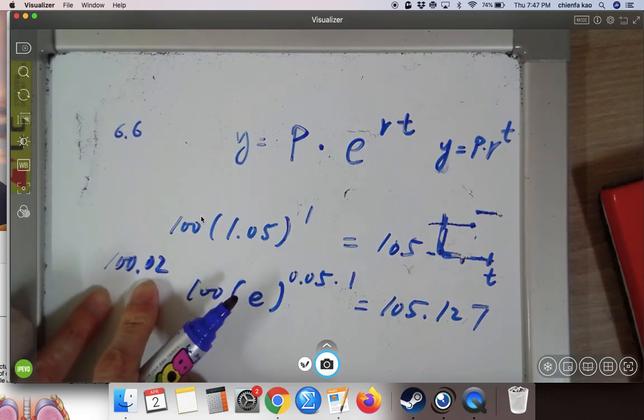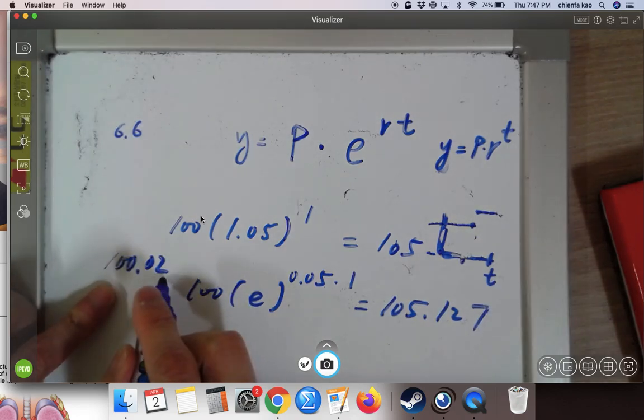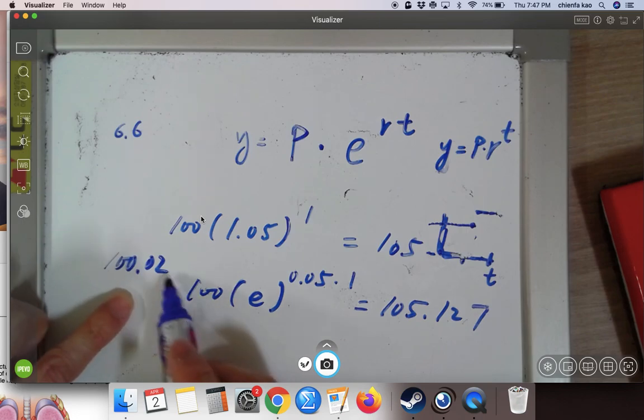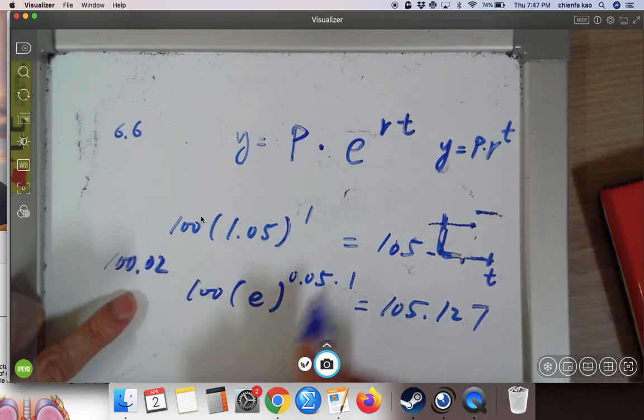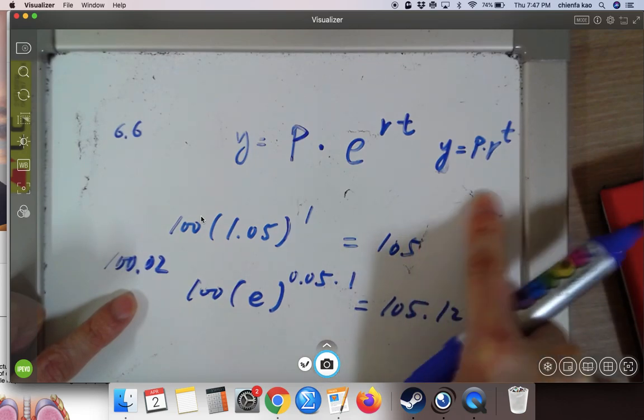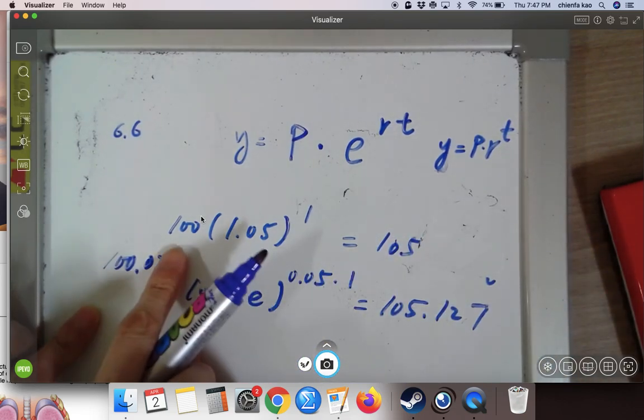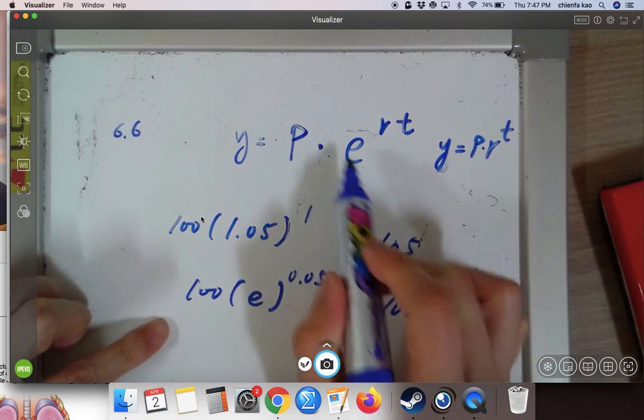And then this $0.02 should be able to earn interest for the next 11 months. So that's why we use this formula. In this formula's number, you can see that it's a little bit higher. Let me explain why this is used. How is this formula different from this one?